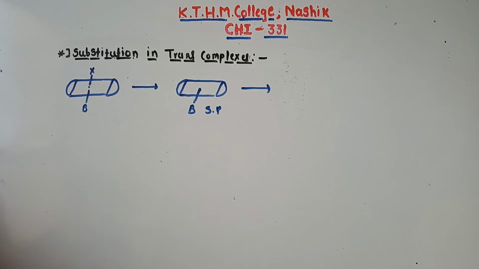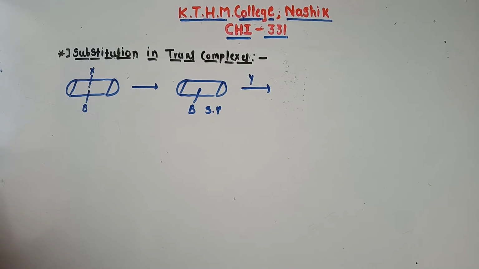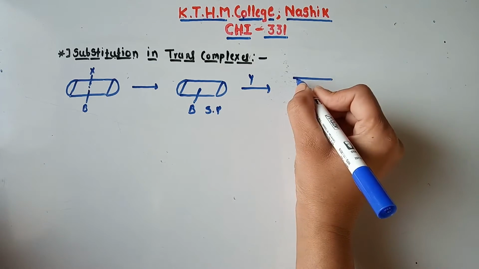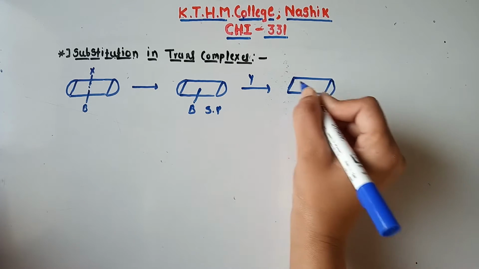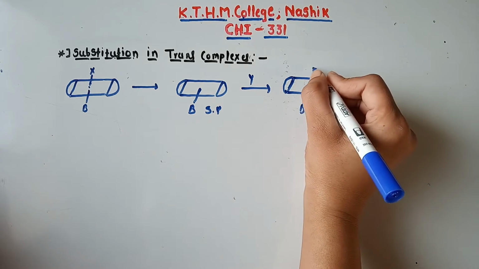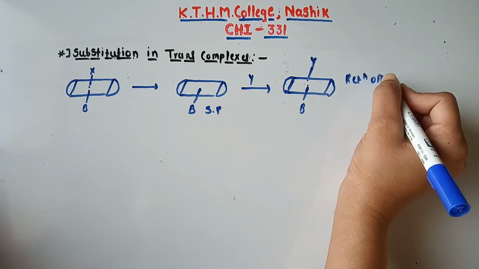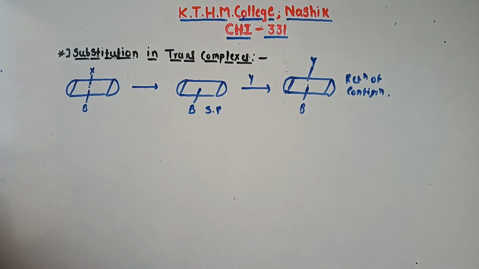So, it is now easy to add the incoming Y ligand. Then the new ligand directly adds into the vacant site. If Y is added here, what will we get? Retention of configuration as your starting material. This is your Y. This is your retention of configuration in the first pathway.